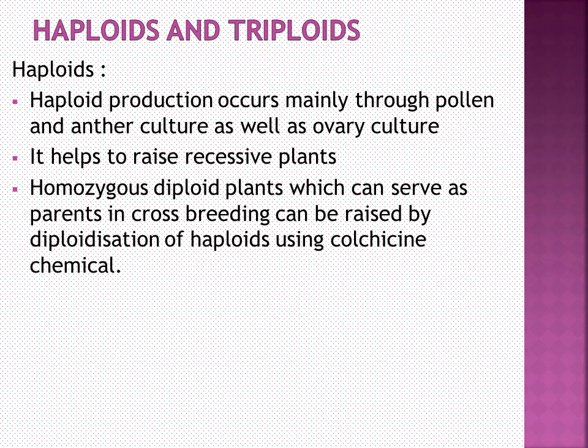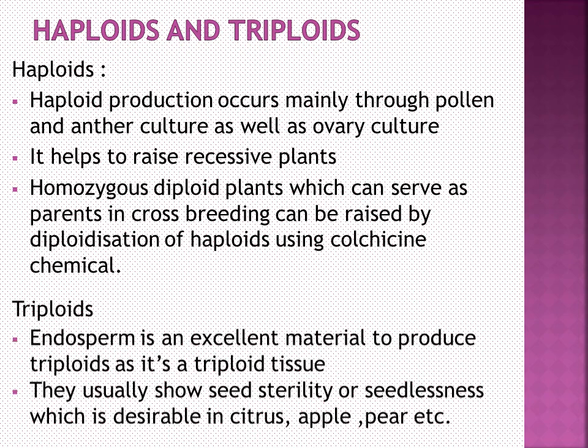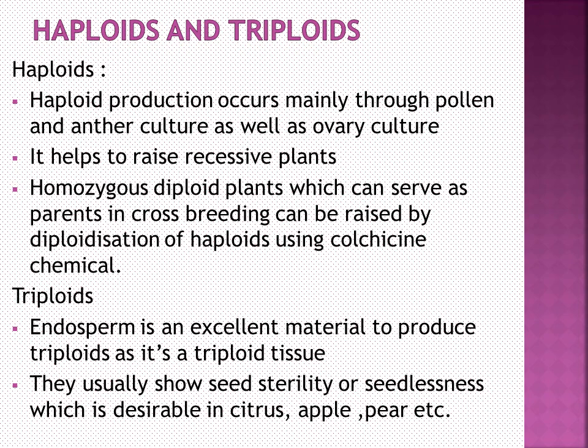And these homozygous diploid plants can serve as parents in crossbreeding. Triploids. Endosperm is an excellent material to produce triploids as it is a triploid tissue. They usually show seed sterility or seedlessness, which is desirable in some fruits like citrus, apple, pear, etc.